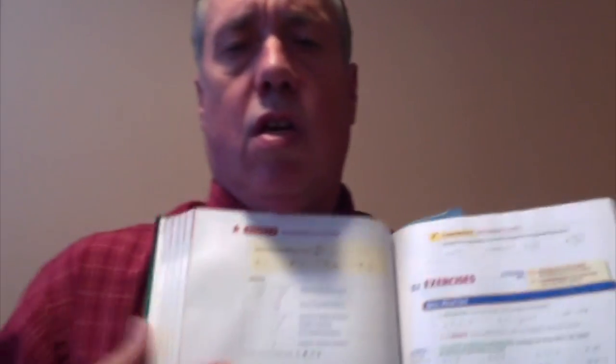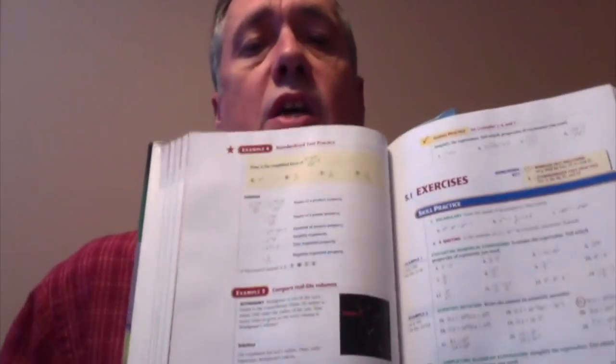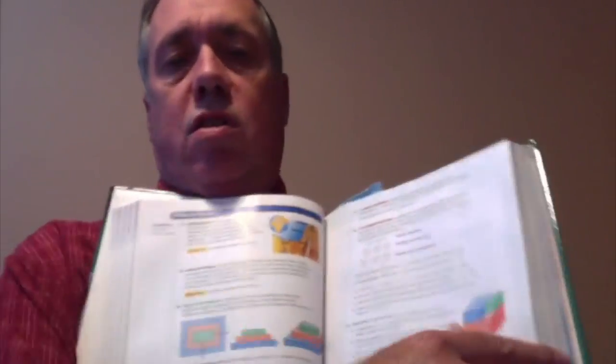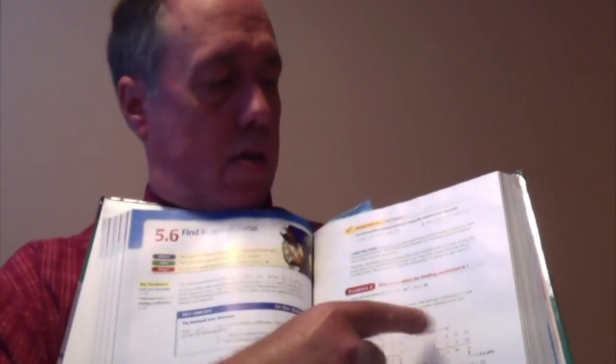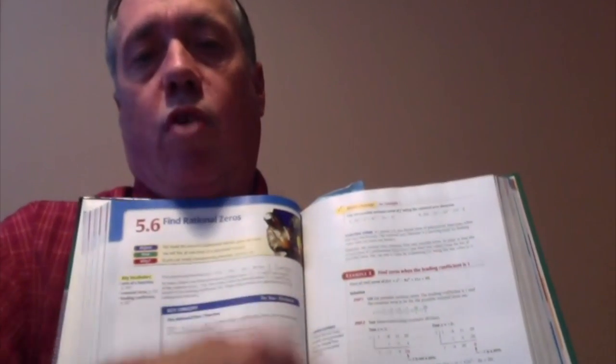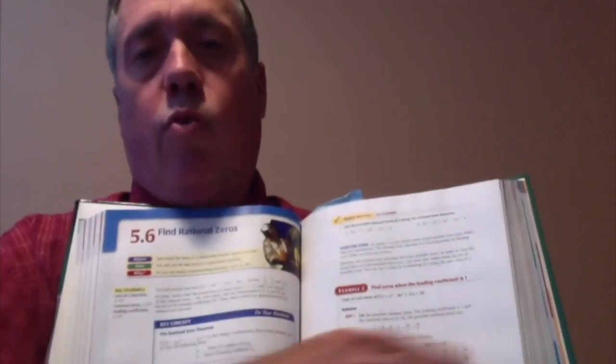But the other thing I want to bring your attention to is the margins, both on the side and at the bottom. There's a lot of very valuable information in this textbook, but there's a lot of space that you can write in, but students aren't allowed to write in them.